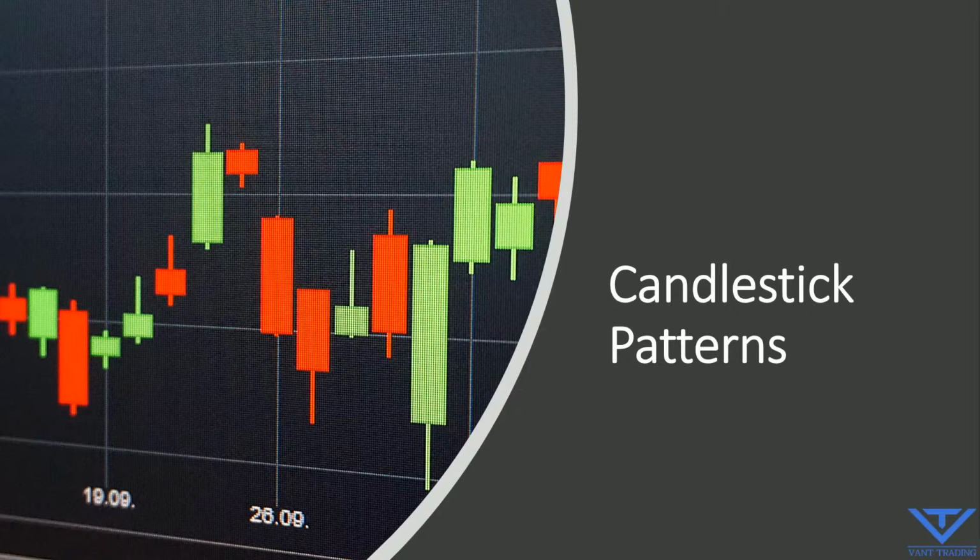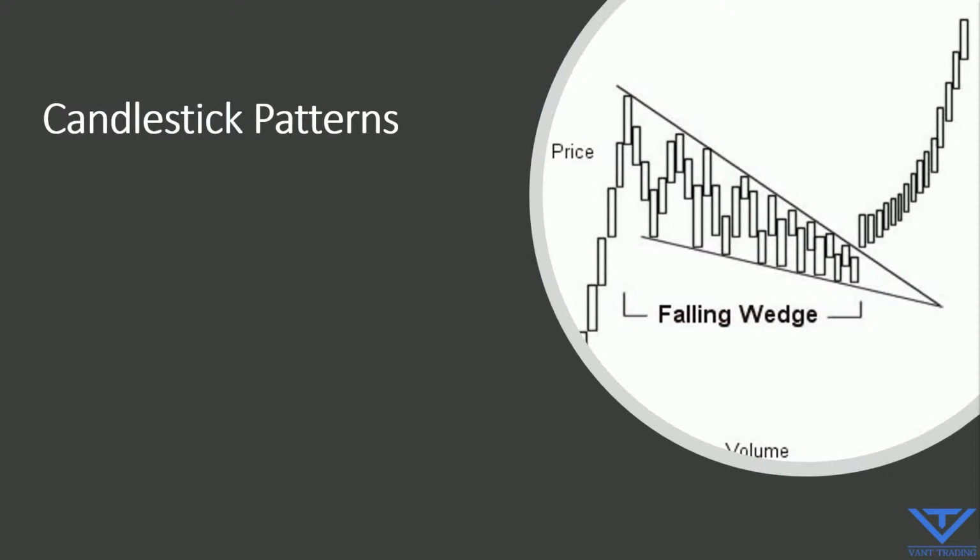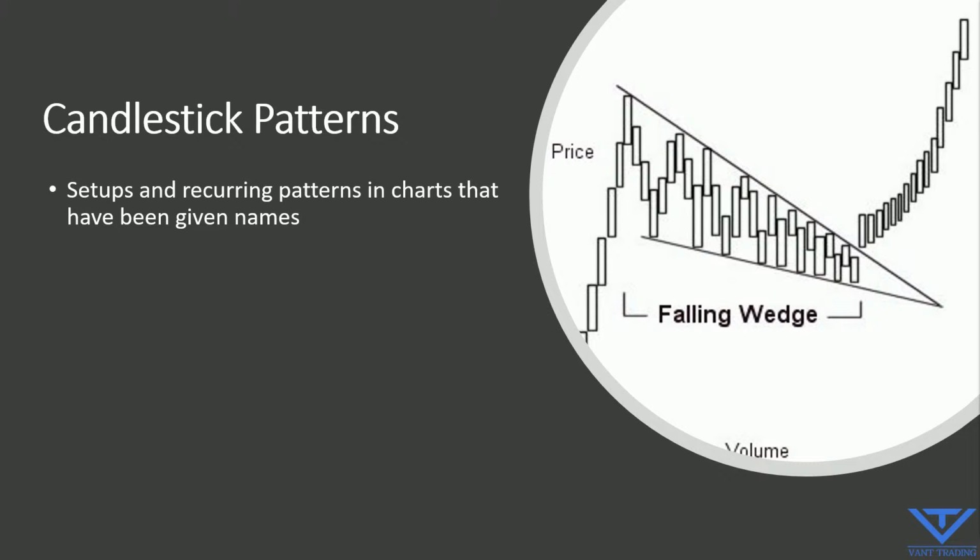That's the key here, and that's why we use candlestick patterns. It's in the word, candlestick patterns. It's pattern analysis. History rhymes, you want to find repeating patterns and setups. And every single one here isn't going to be a 100% win rate thing. It's just a check in your checkbox. So when we're talking about candlestick patterns, these are setups and recurring patterns in charts that have been given names, and these don't just happen on candlestick charts.